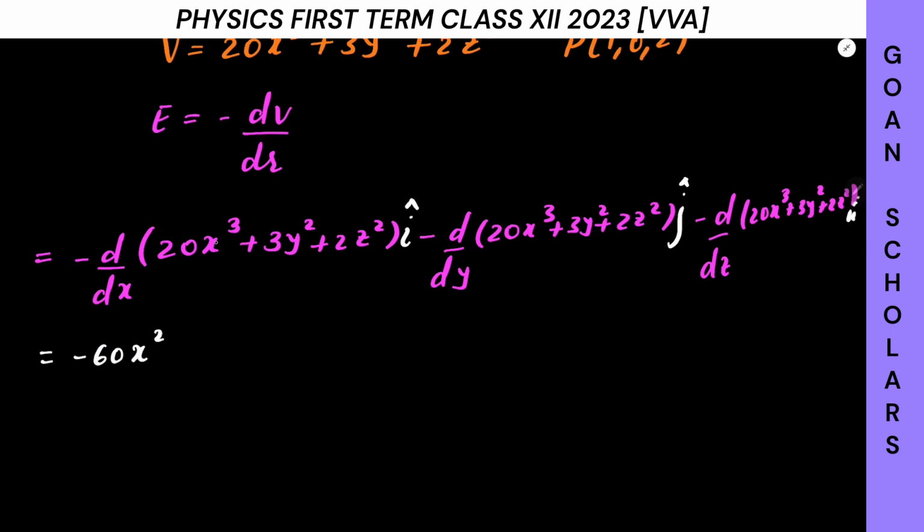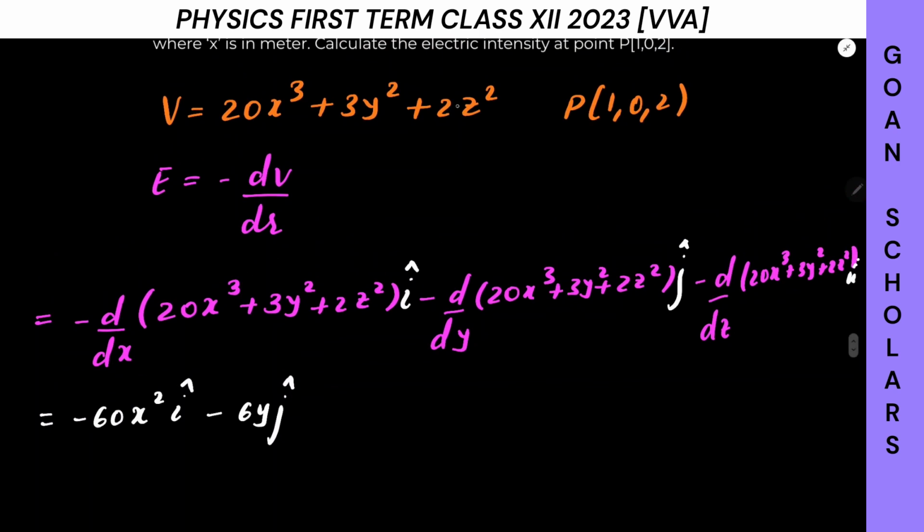The derivative of x cube is 3x square, so 3 2s are 6, x square. What about the y and z terms? 0. So it's minus 60x square i cap, and minus, when you differentiate y, it becomes 6y j cap, the other one will be 0. When you're differentiating z, 2z square, so 2 2s are 4, so it will be plus 4z k cap. This is our electric field vector quantity.